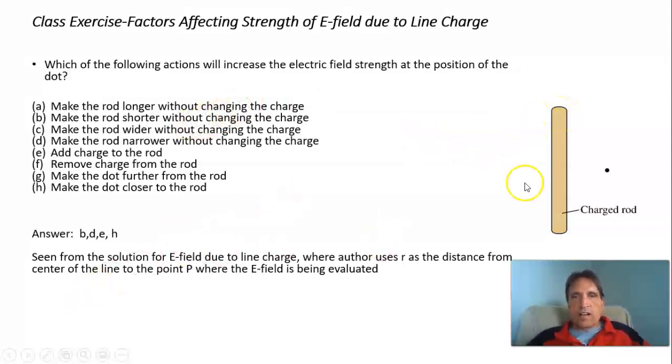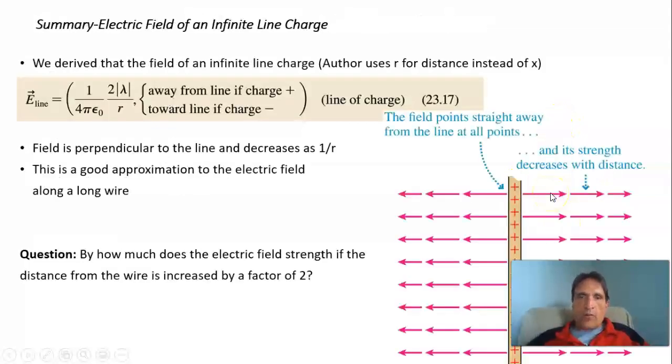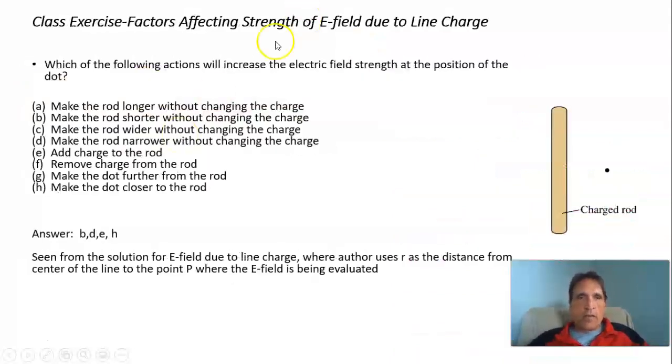Okay, what's that going to do to the electric field? Okay, well, the amount of charge is the same, the length is longer, so the charge per length is less. Okay, that means the electric field is going to be less. And so making the rod longer and keeping the charge constant is going to reduce the charge density, and that's going to make the electric field smaller at this point.